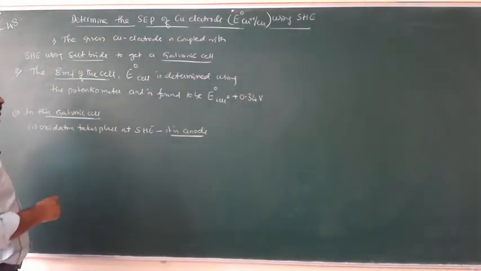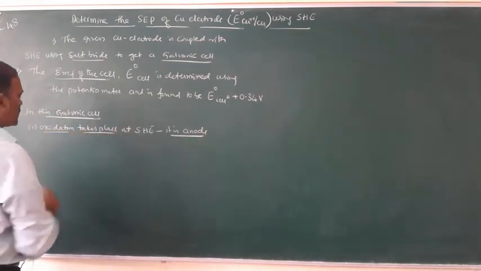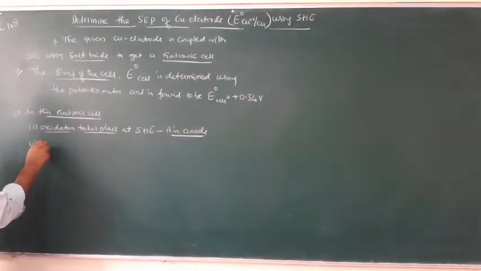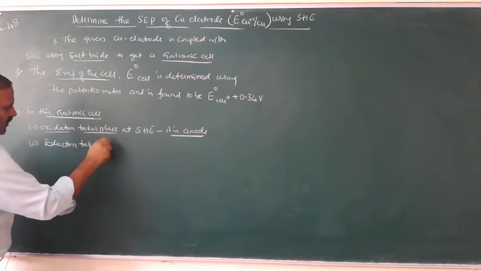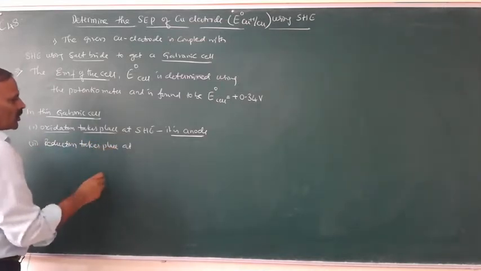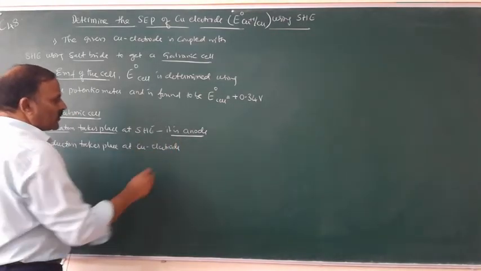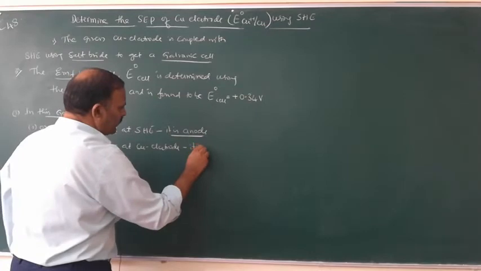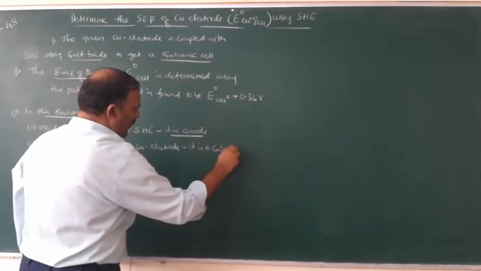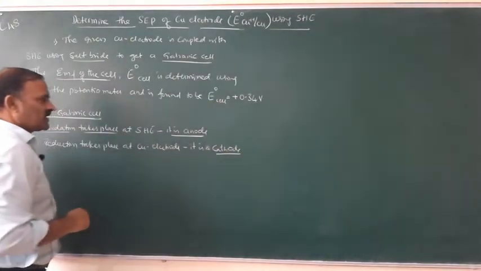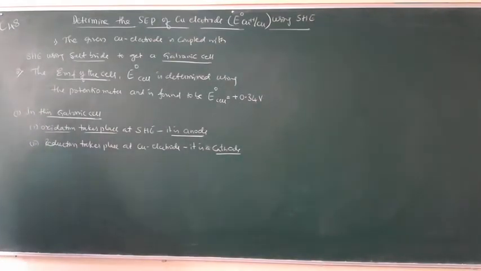Standard hydrogen electrode is anode where oxidation takes place. Number 2, reduction takes place at copper electrode. Therefore, it is a cathode. So anode is SHE and cathode is copper electrode.